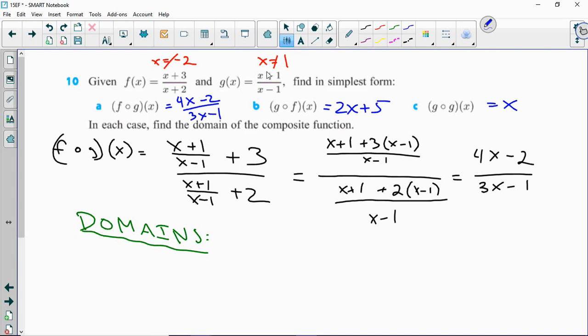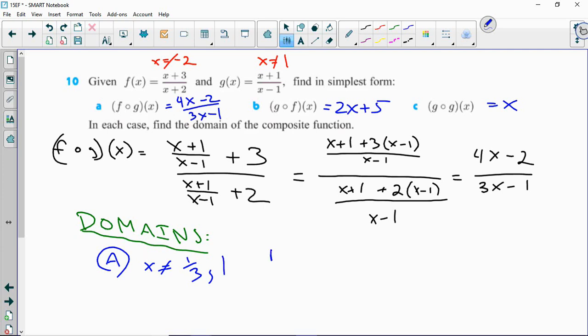Now as for the domains, clearly in letter A, for f of g of x, x could not be equal to 1/3, because that would give me a denominator of 0. But then we also consider the inner function, which was g, so also x could not be equal to 1.